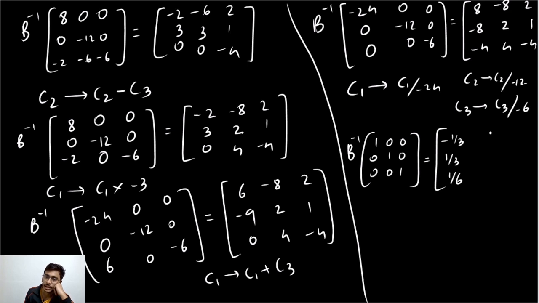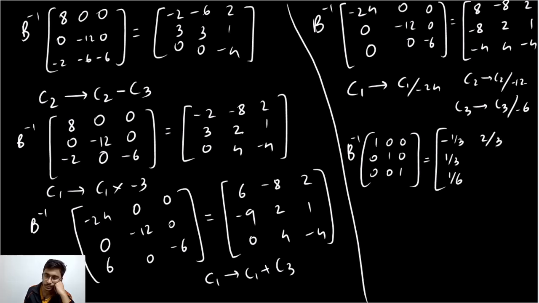And then 8 and 12, right? C2, we have to divide 8 by 12, so 4 2s are 8, 4 3s are 12, so it will be 2 by 3.